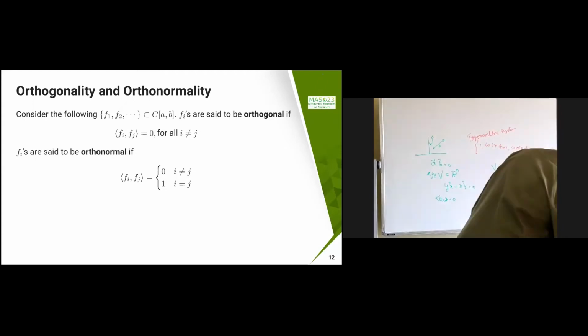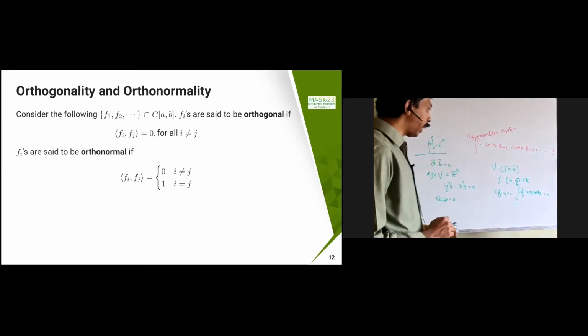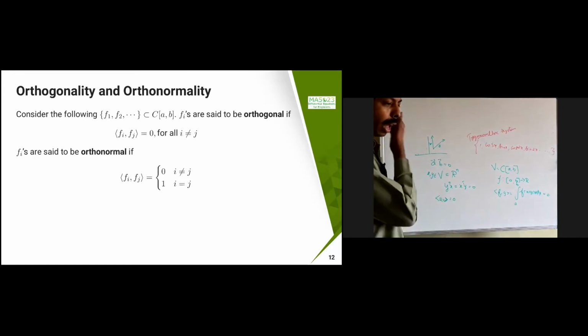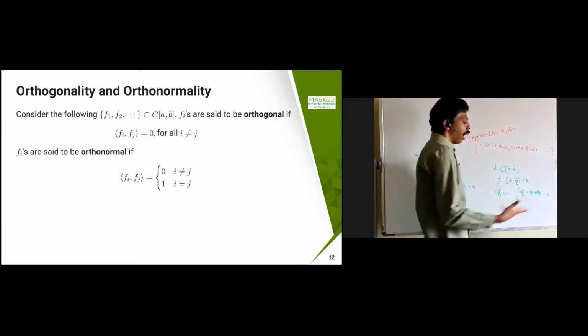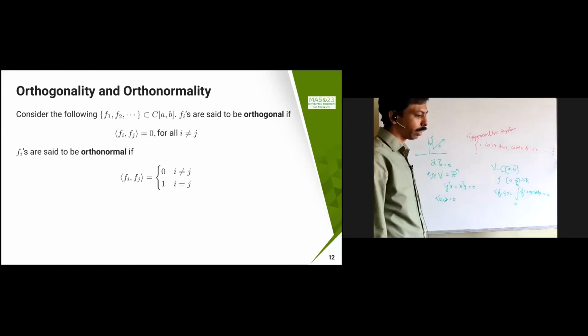Similarly, you can define the orthonormal property. In the orthogonal property, suppose I take a collection of functions f1, f2, and so on.